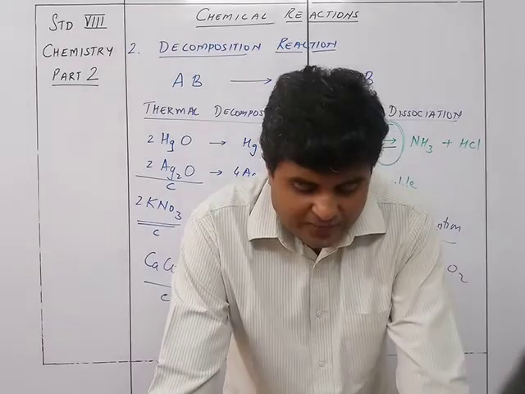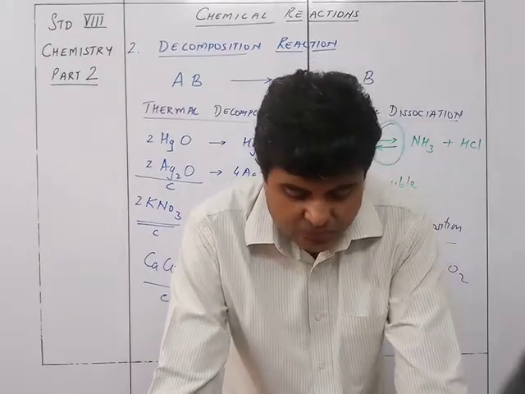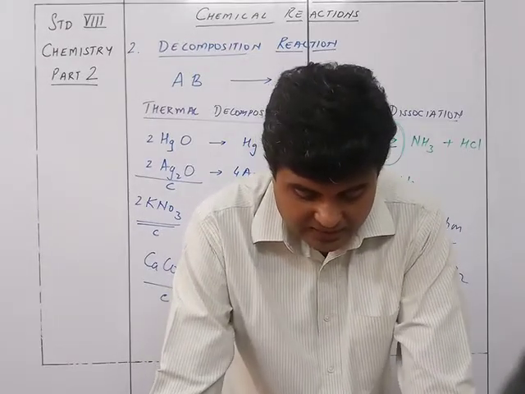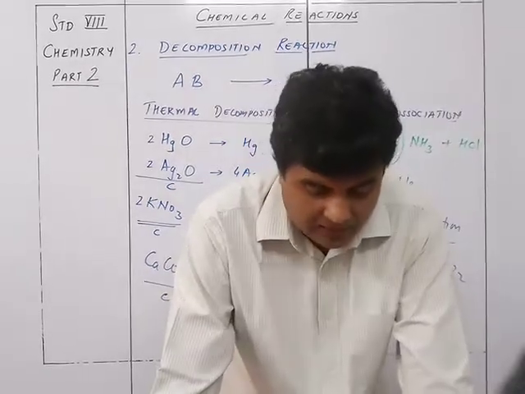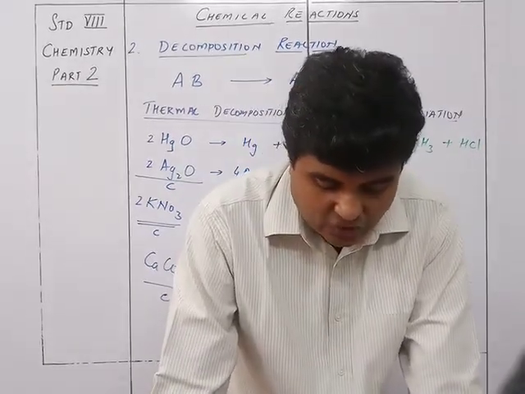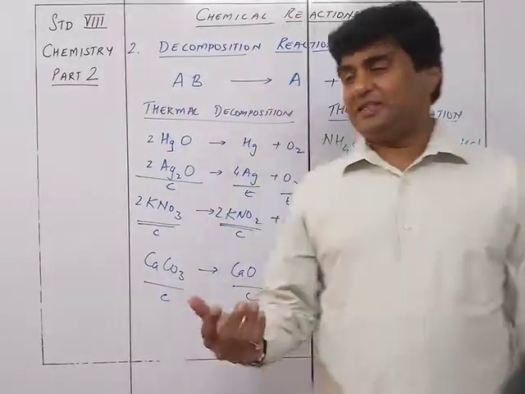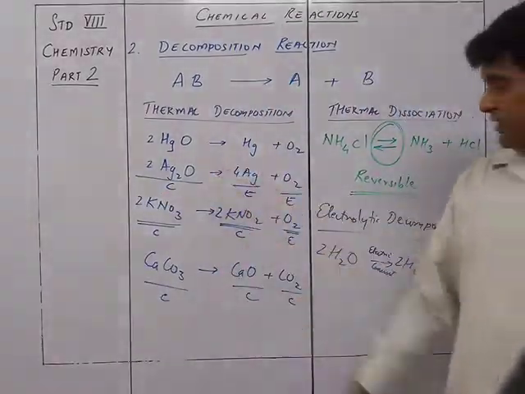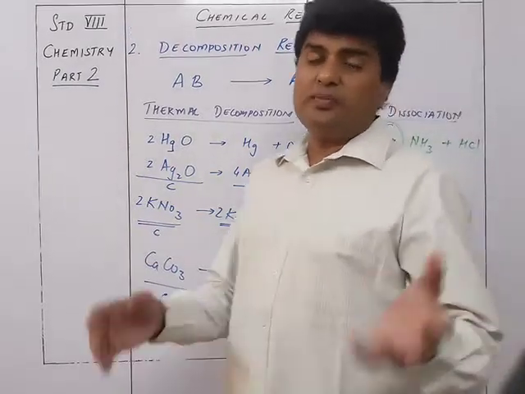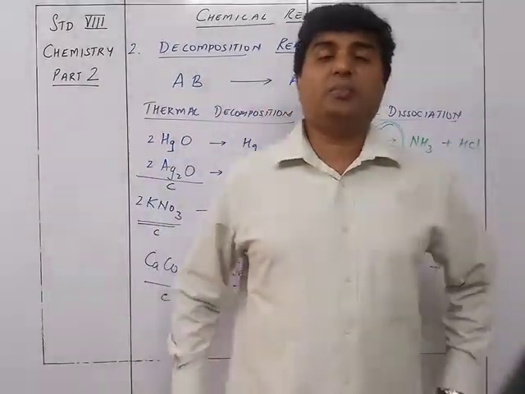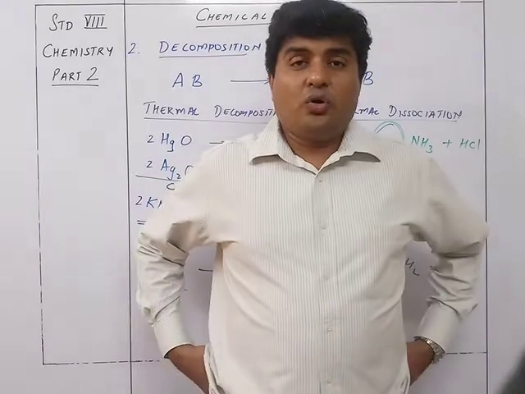The next one is photochemical decomposition, a decomposition reaction which occurs in the presence of sunlight or any light, that is, decomposition of silver salt in presence of sunlight. So in presence of sunlight, a silver salt like AgCl will decompose into Ag and Cl2, and that is nothing but the photochemical reaction.